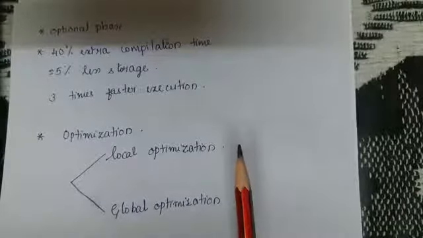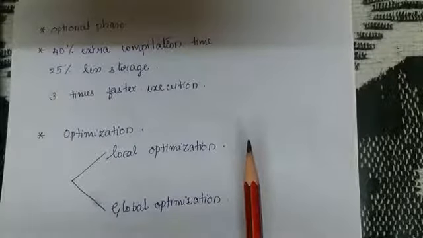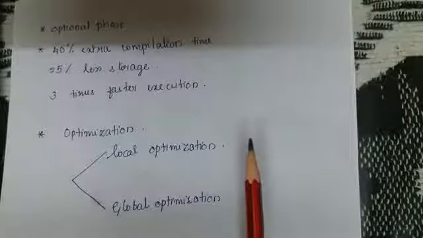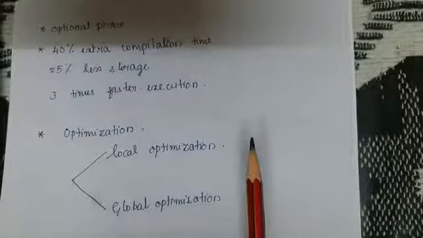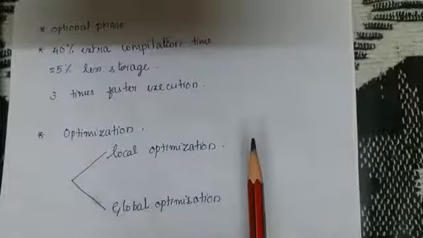Global optimization is where the transformations are applied over a program unit, that is, over a function or a procedure.